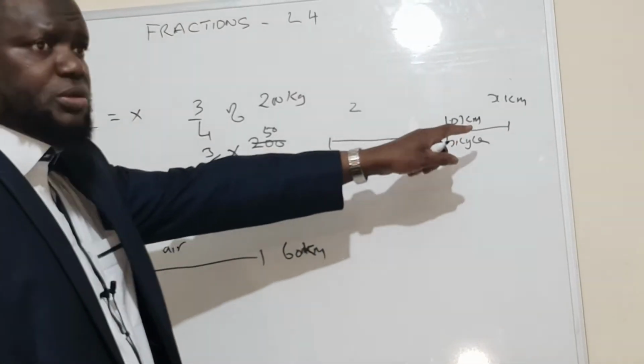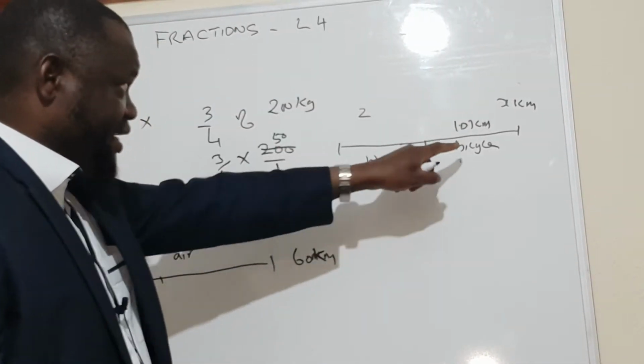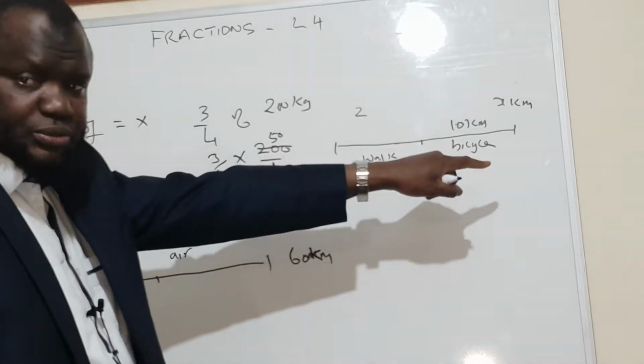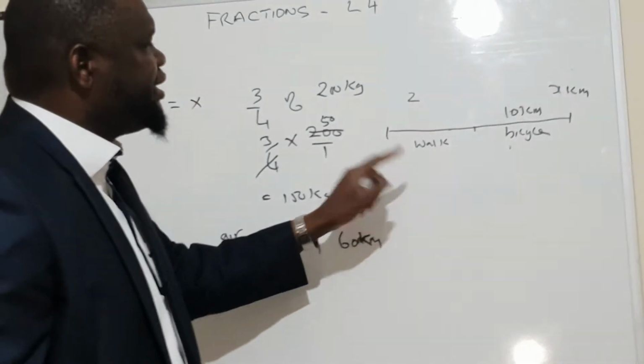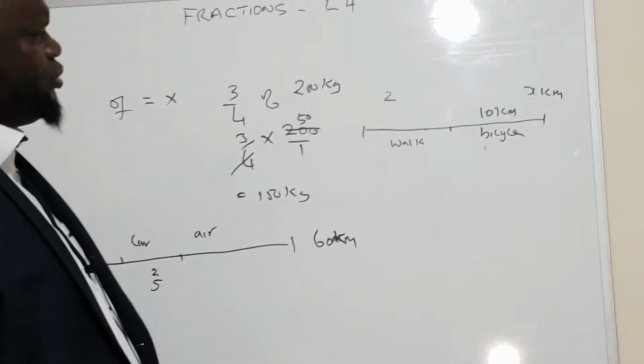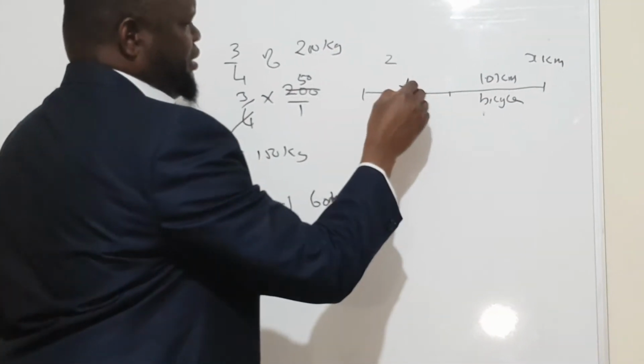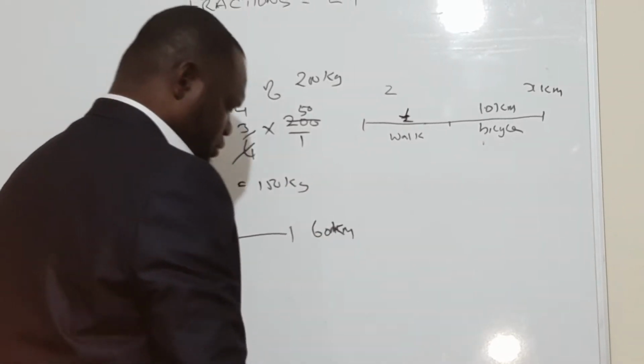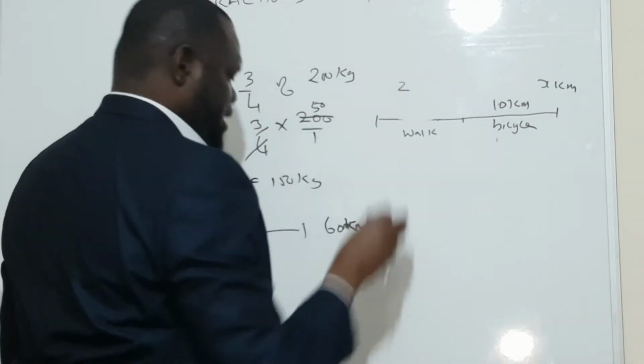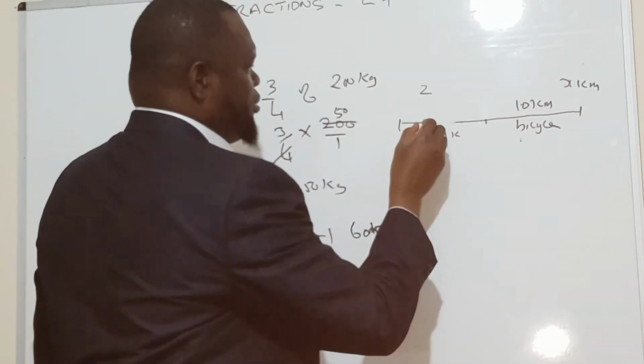What is the total journey? And what is the distance he walked? Half he did by walking, and half he did by bike, yes.